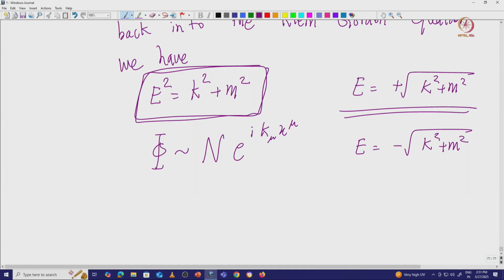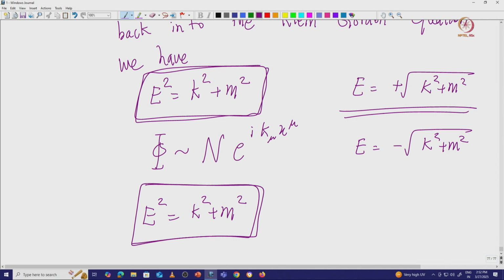Let me just put it back into the Klein-Gordon equation, and when I put it back, this also gives me E square is equal to k square plus m square. So, it satisfies the relativistic energy momentum relation, but then you notice that I have taken energy E to be minus of square root of k square plus m square essentially. So, this also satisfies.